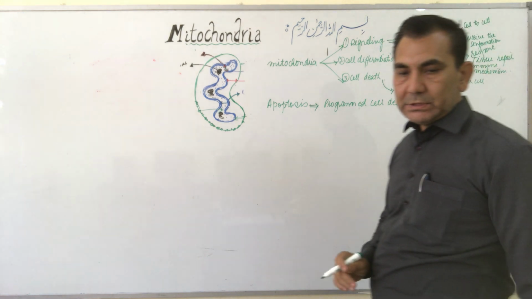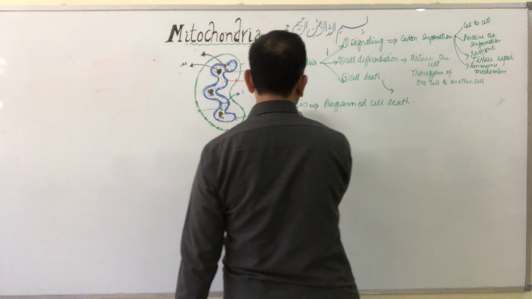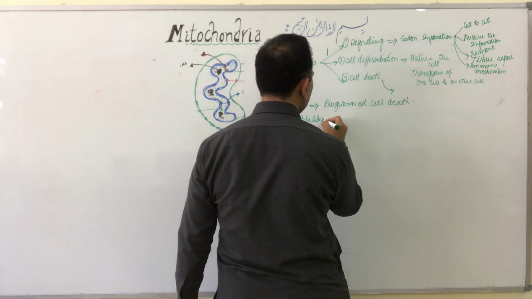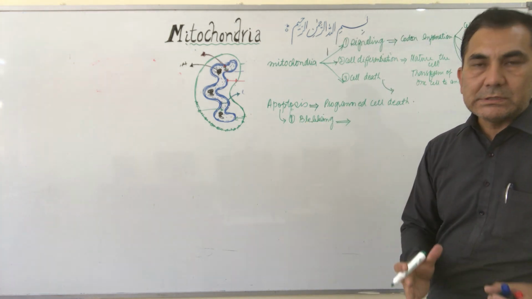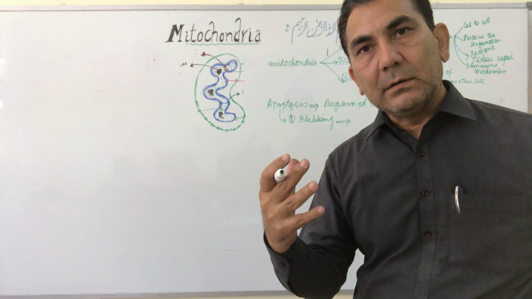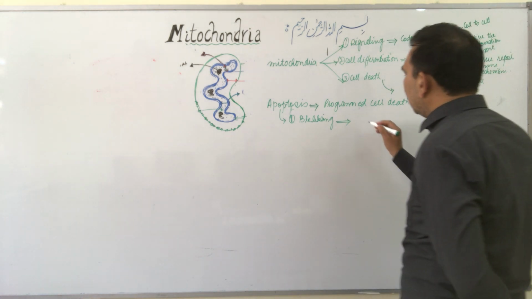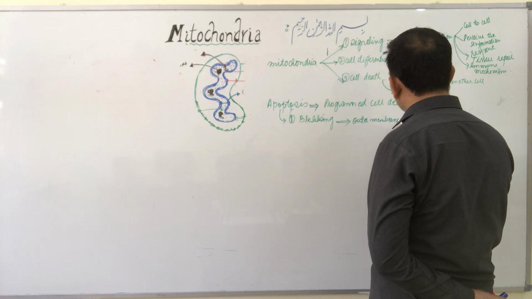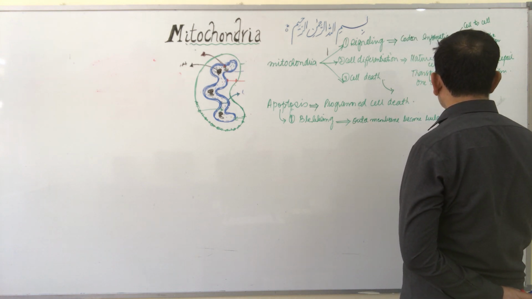Now the apoptosis happens by different types of mechanisms. The first mechanism of apoptosis is called blebbing. In blebbing, the outer membrane of the cell becomes bulging or budding.